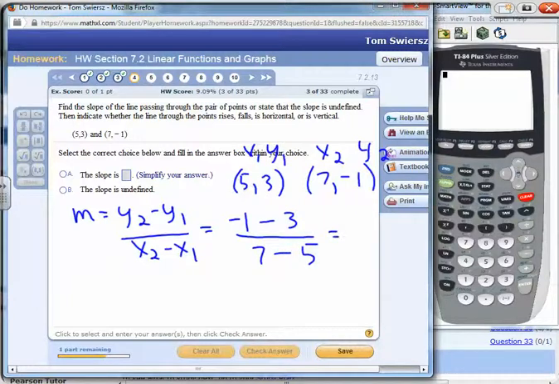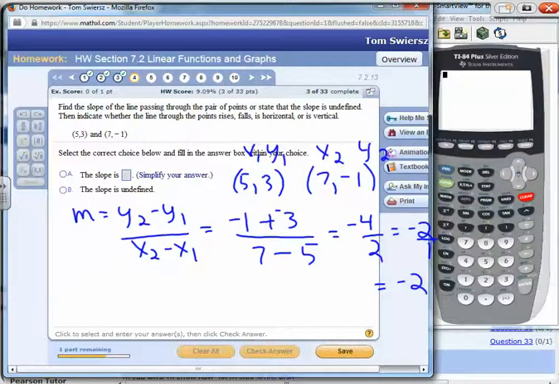Again, use your calculator if you have to. Be careful. Negative 1 minus 3 is a negative 1 plus a negative 3, which is a negative 4. 7 minus 5 is 2. Negative 4 divided by 2 is a negative 2. Now, when it's a whole number, if you think of it as a fraction, it'd be negative 2 over 1, but they just want you to write it as a negative 2.